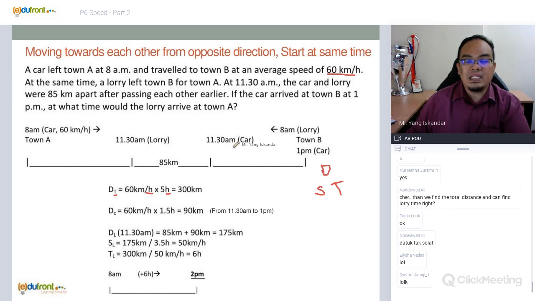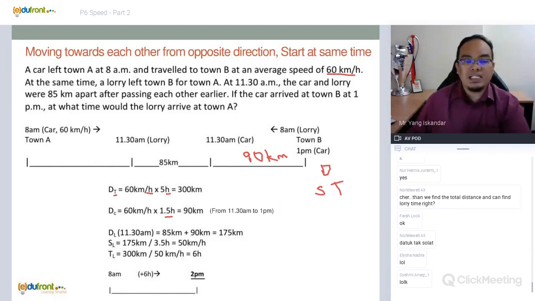From 11:30 a.m. to 1 p.m., how long is it? It is 1.5 hours, right? Since the speed of the car is 60 kilometers per hour, and distance is speed times time, 60 times 1.5 is 90 kilometers, right? So this is 90 kilometers.